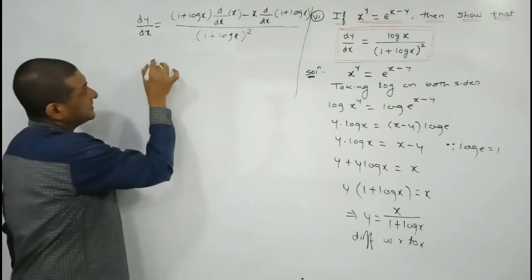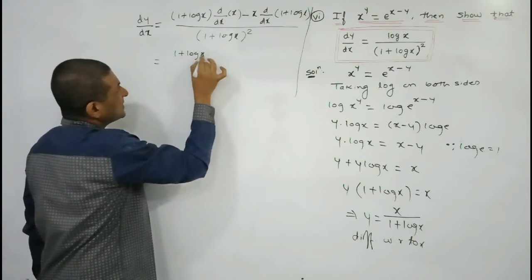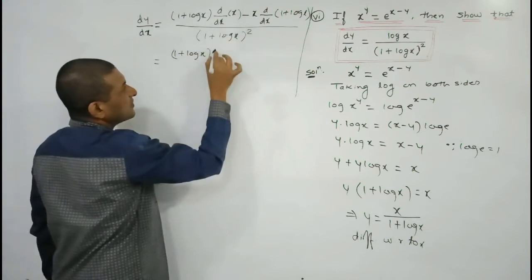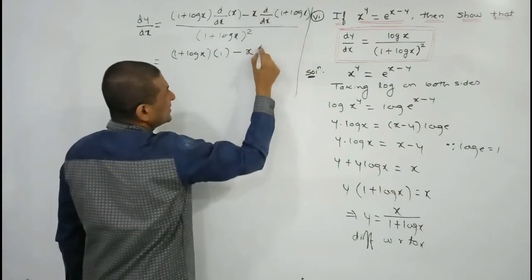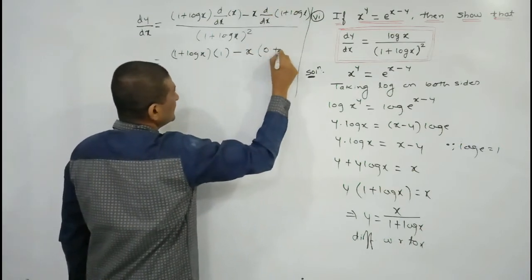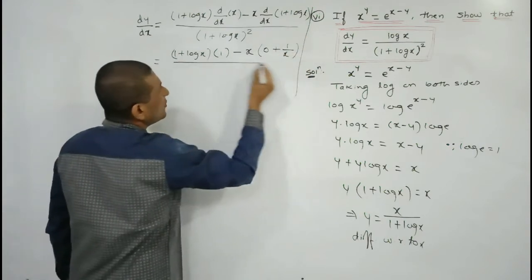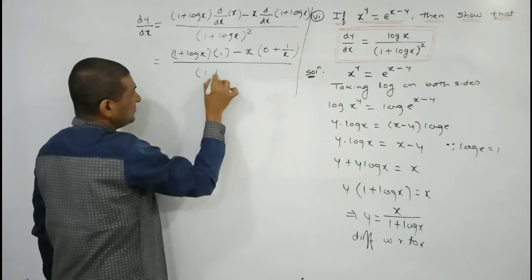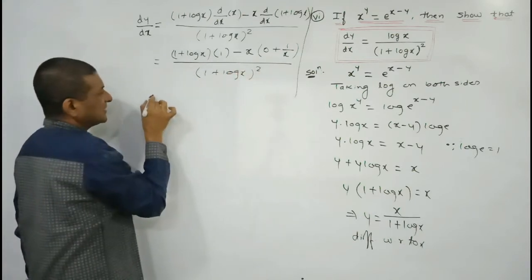Now simplify it. So 1 plus log x as it is, into the derivative of x which is 1, minus x as it is, here the derivative of 1 is 0 because 1 is a constant term, and the derivative of log x will be equal to 1 by x. In the denominator, 1 plus log x whole bracket square, keep it as it is.